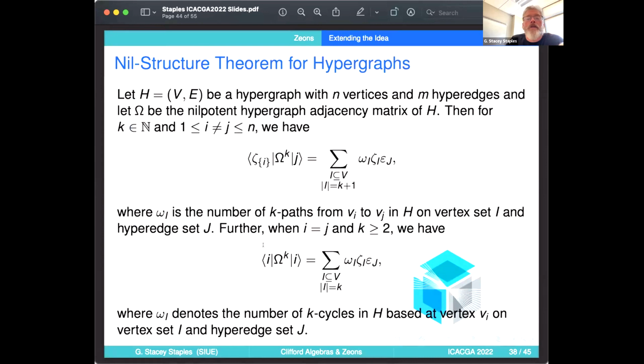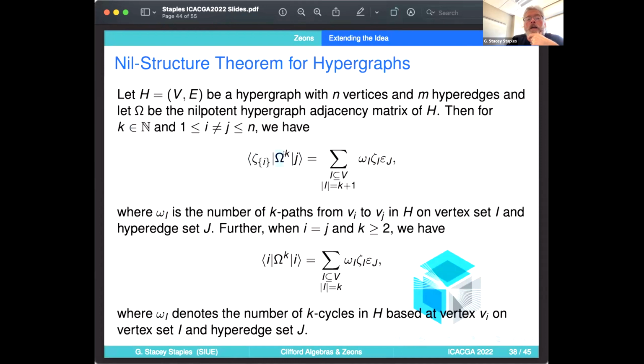So this might look familiar because the structure of the theorem is very similar, except now I've got two different kinds of generators. I've got the ones that square to zero and the ones that square to themselves, but I'm able to enumerate paths in hypergraphs using the same kind of thing.